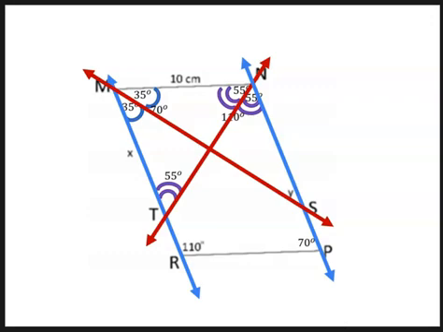Similarly, angles TMS and NSM are congruent, so Y is equal to 35 degrees. Since 35 plus 55 is 90, the third angle in each of the triangles formed must be 90 degrees. This means that segments MS and NT are perpendicular.